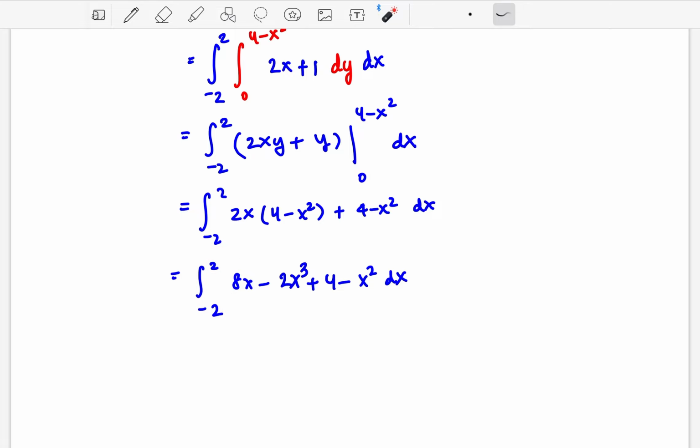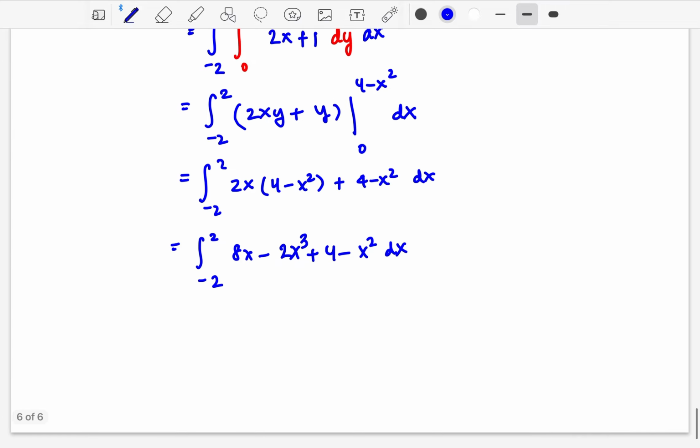So I'm going to split this into even and odd. This is the same as the integral from negative 2 to 2 of 8x minus 2x cubed dx plus the integral from negative 2 to 2 of 4 minus x squared dx.